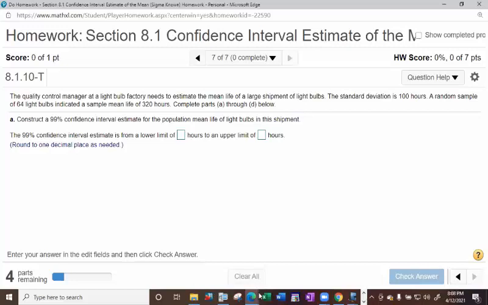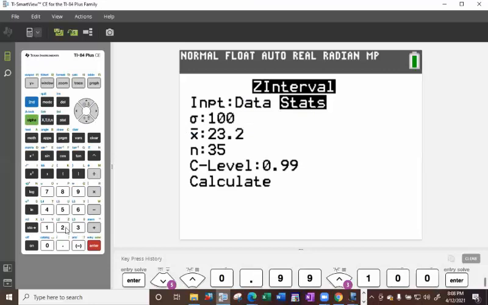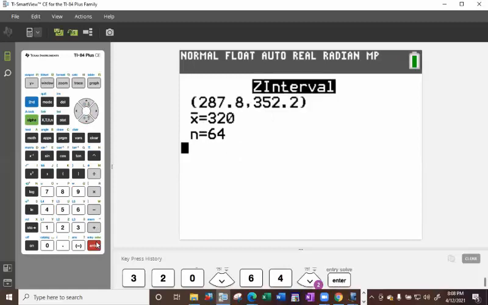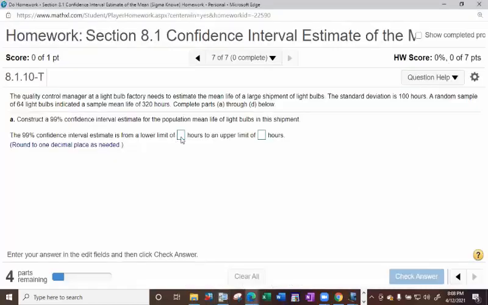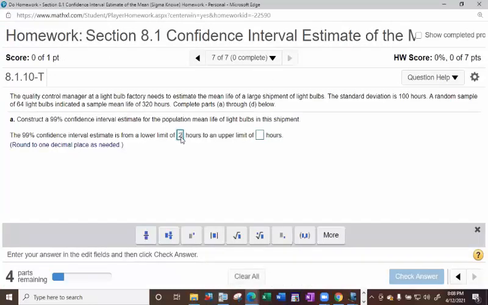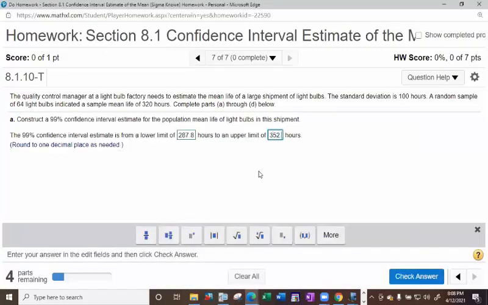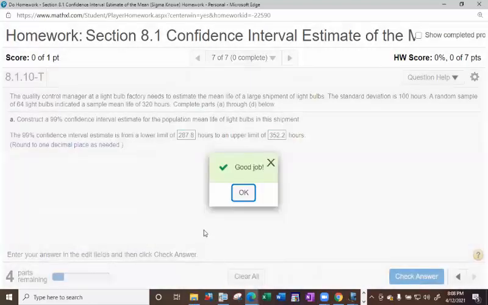Sample size is 64. Oh, thank goodness, only one decimal place. 287.8. 352.2. Yes.